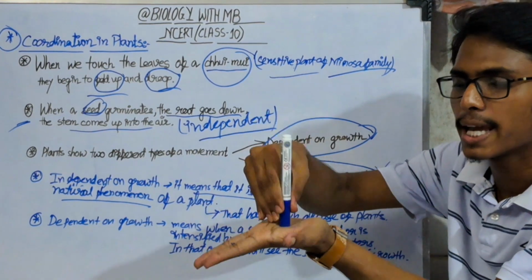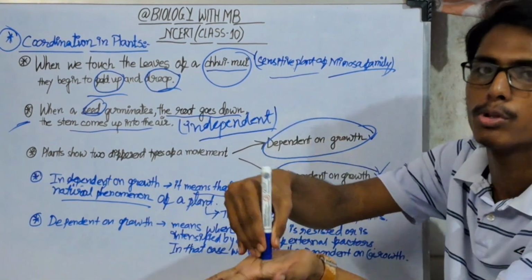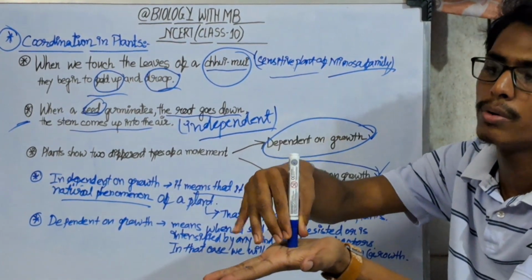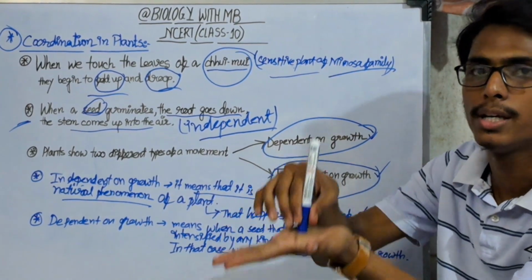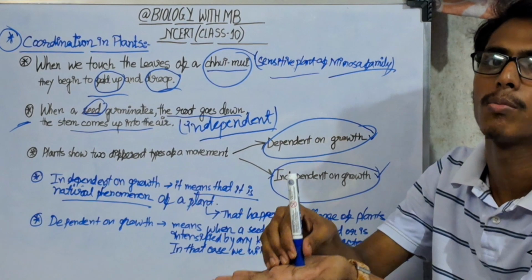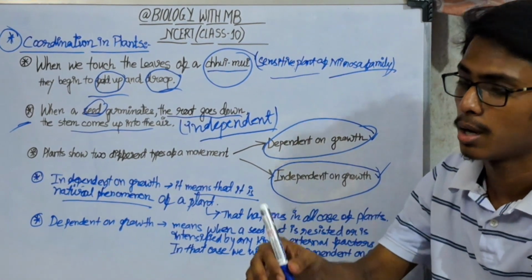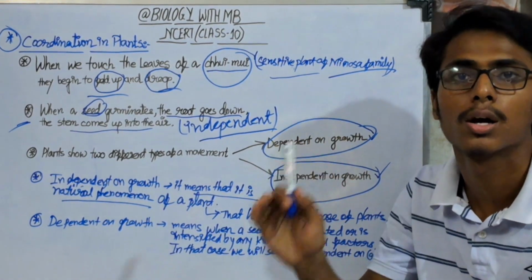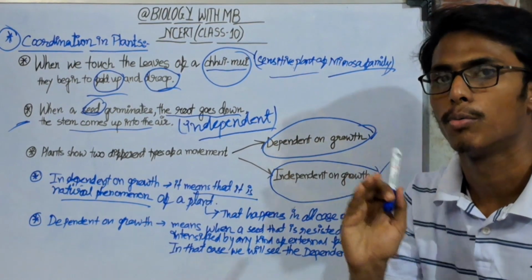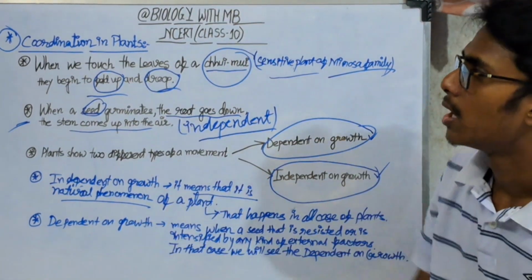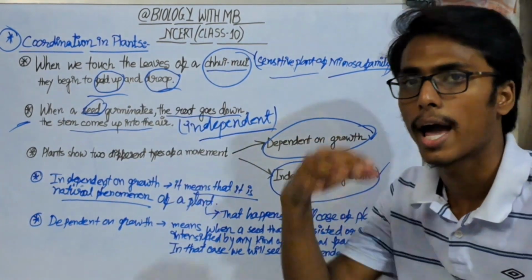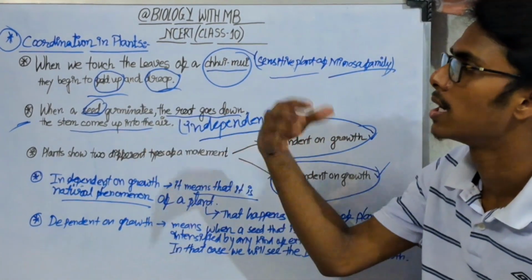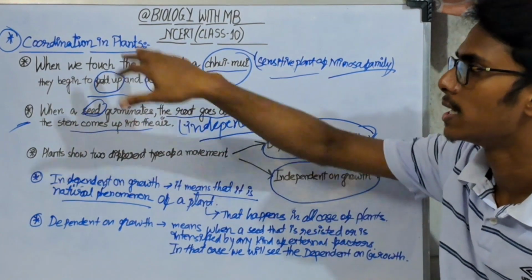It stays in that position. So in this case we see only movement. We don't see any kind of locomotion in plants, but animals have both locomotion and movement. That is all about the coordination in plants, and we will discuss the stimulus part next.